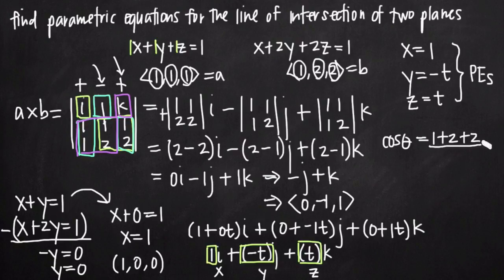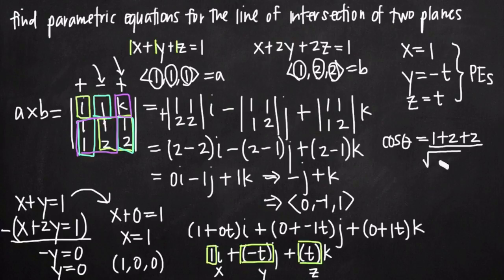Then we divide that by the magnitude of A times the magnitude of B, remembering that magnitude is essentially the same as the length of both of these vectors. The way that we find the length of the vector when we've got the vector in this form, all we do is say the square root, and this comes directly from the distance formula in 3 variables. We just take the square root of each of these direction numbers squared and added together.